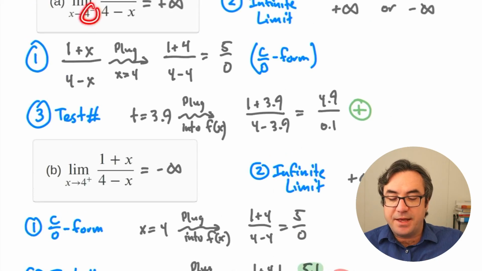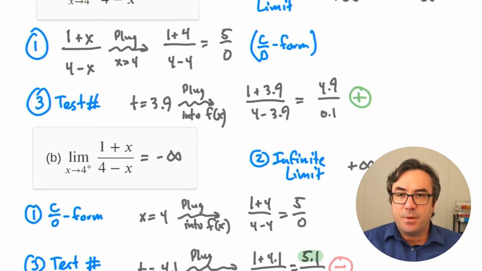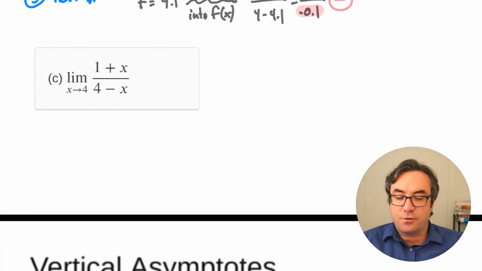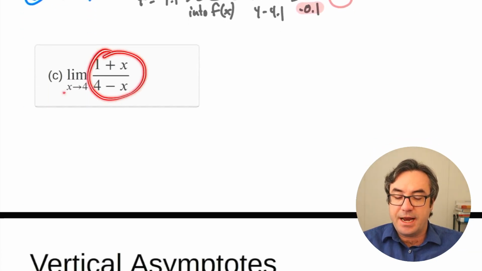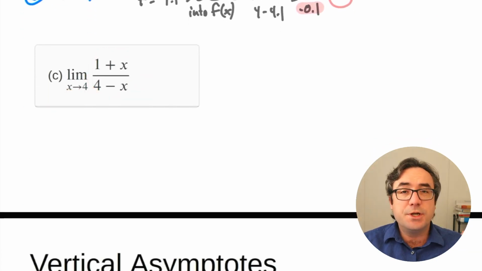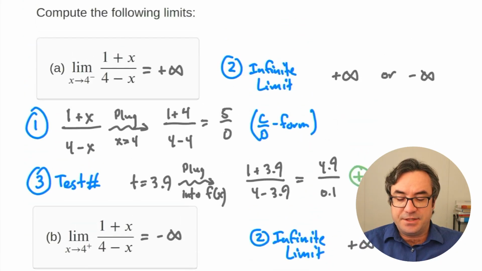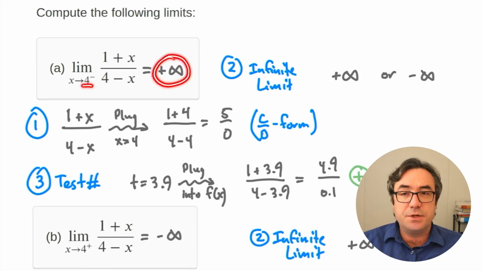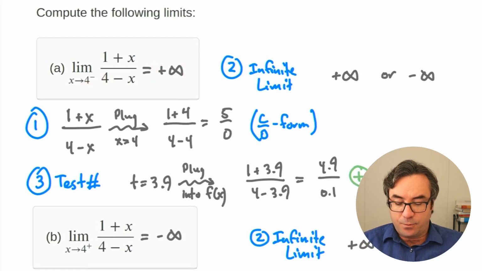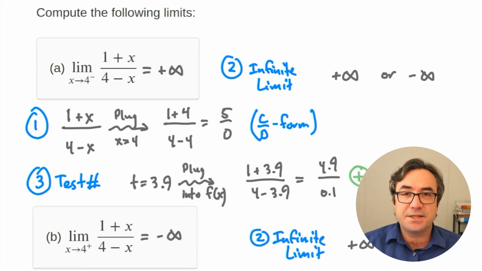We've done the left-hand limit. And if we wanted to consider, well, what's the overall limit doing for this function as x gets closer to 4, we just want to compare the left and right sides. So what we found is that our left-hand limit was going to plus infinity, and the right-hand limit was going to minus infinity.